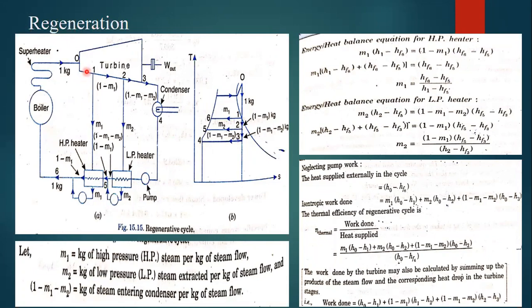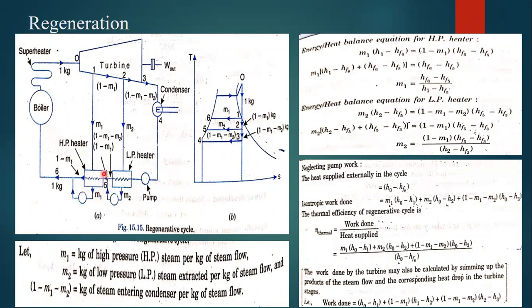In regeneration, we also call this feed heating. Why do we call it feed heating, regeneration, feed heater? Because to feed the boiler, we are going to use some heater here. Before giving water directly from the pump to the boiler, we use some feed heaters.